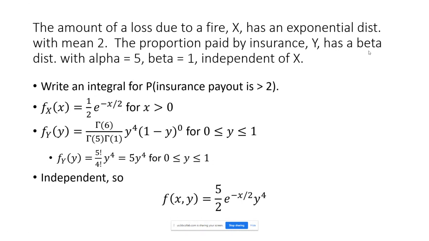So those are the marginal densities. And then because they're independent, we can multiply them to get the joint density. By telling us that x is exponential with mean 2, the problem is implicitly telling us that this is the marginal density function for x. Okay. Other questions about this?